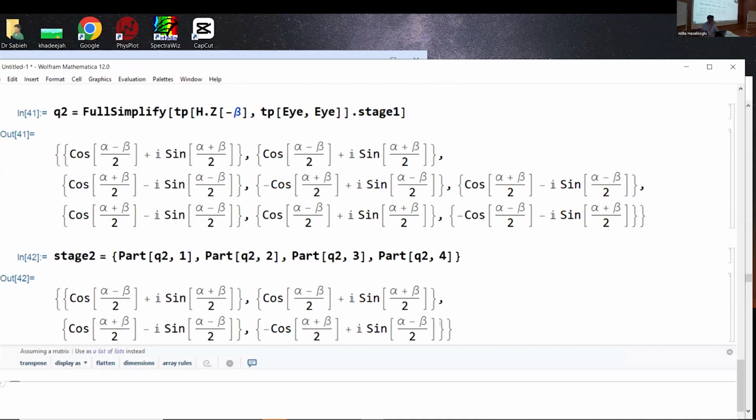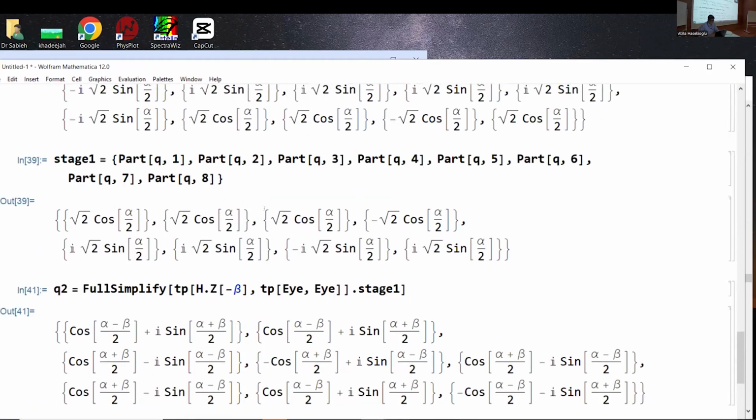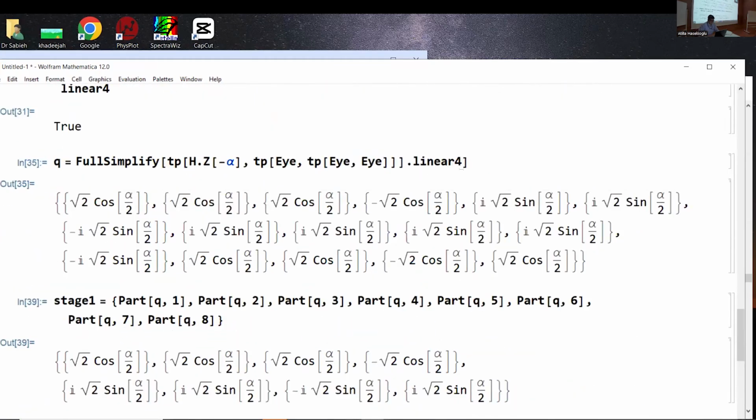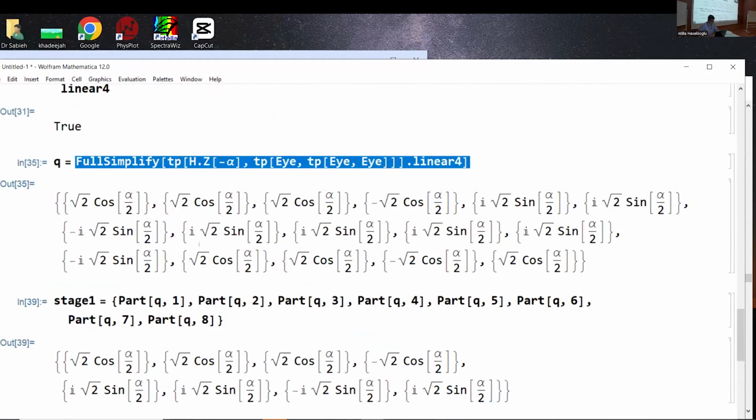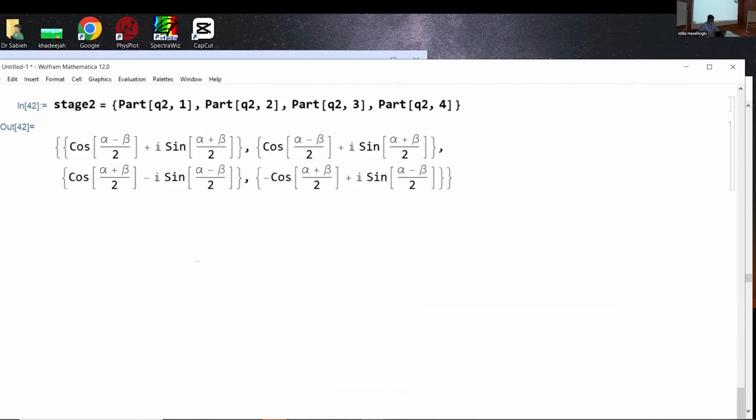Now I do measurement along gamma on the third qubit. The first 2 qubits have gone away. I have now a 4-dimensional system with 2 qubits left. So now let's paste. On stage 2, I do H, Z gamma minus Z minus gamma.